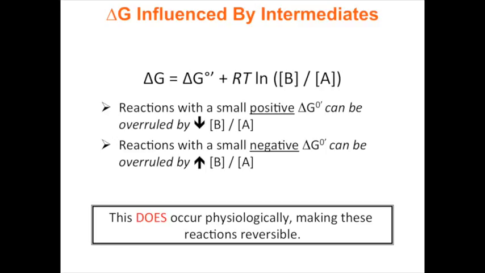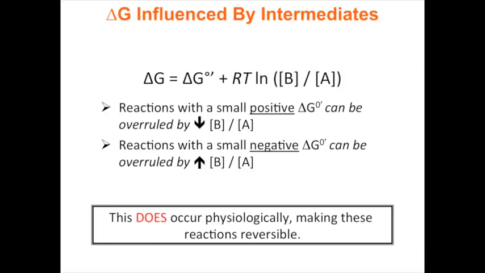So we've made up a couple of rules. We figured that any small positive delta G, any small positive standard free energy, just related to the nature of the reaction, can be overruled. It can be influenced by substrates and products. But large delta G's cannot.